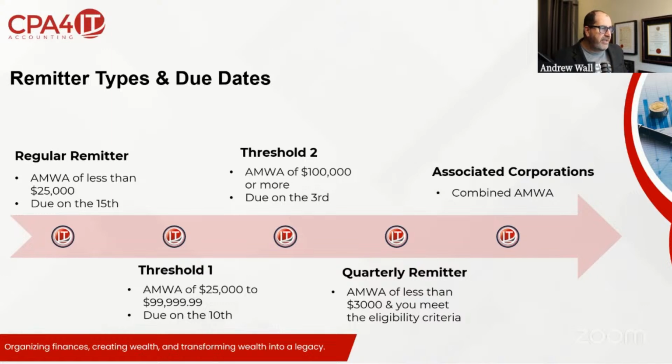Now, if your average monthly withholding amount is more than $25,000, but less than $100,000, you're a threshold 1, and it's going to be due on the 10th of the month or the 10th of January. Now, as I said earlier, we always tell people we err on the side of caution. We assume that you'll be a threshold 2, which is an average monthly withholding amount of more than $100,000.